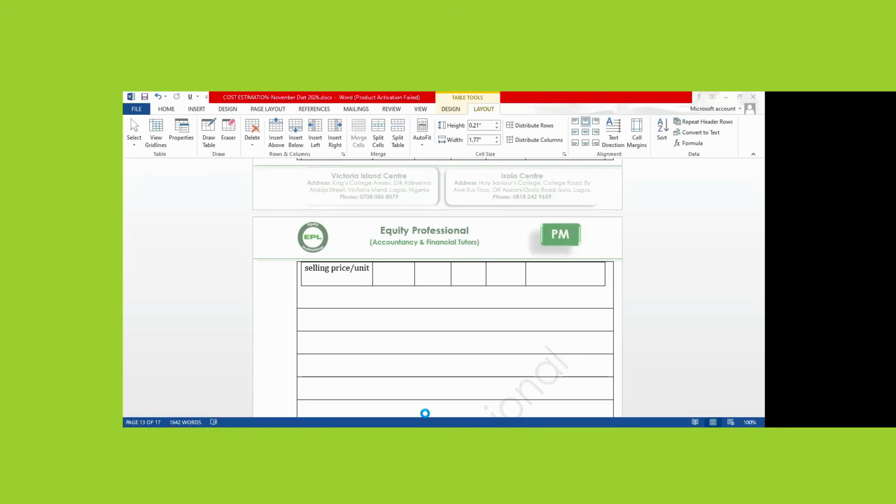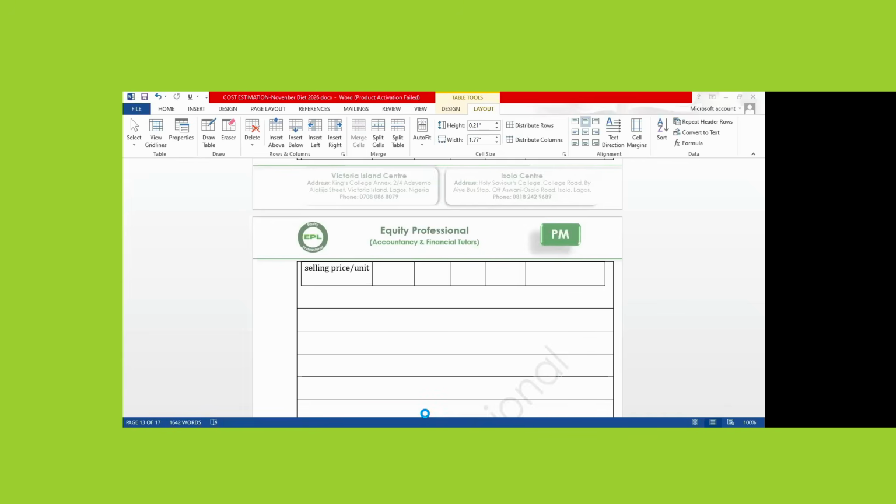You are measuring historical costs with a view to predicting likely future costs. The purpose of cost estimation is to assist management in planning, controlling, and decision making.